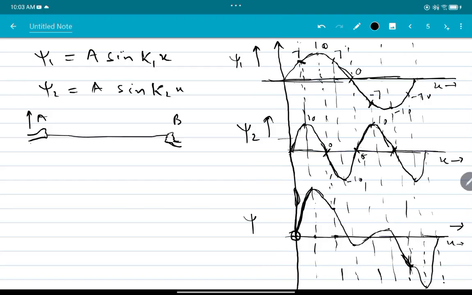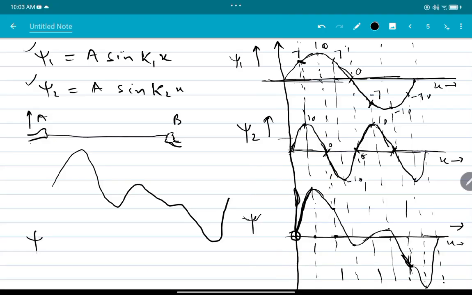Now, one more thing. You saw this periodic function, this periodic wave. If I draw it here, something like this, this periodic function was created by superposing these two. Suppose it is psi.